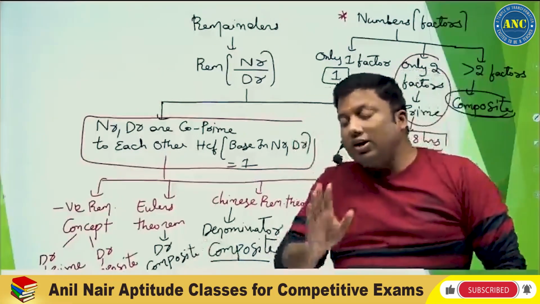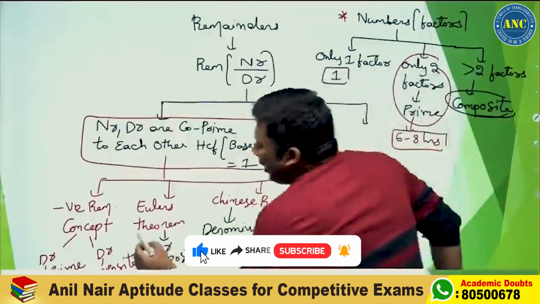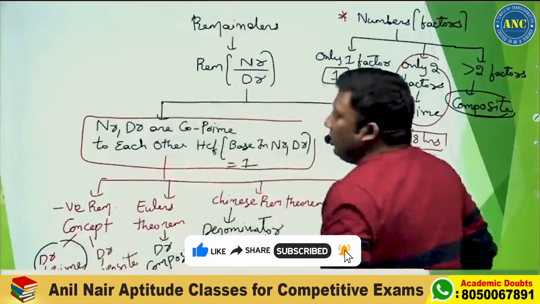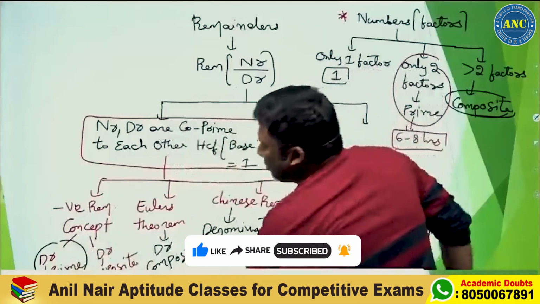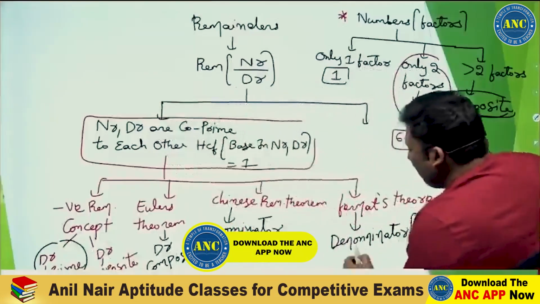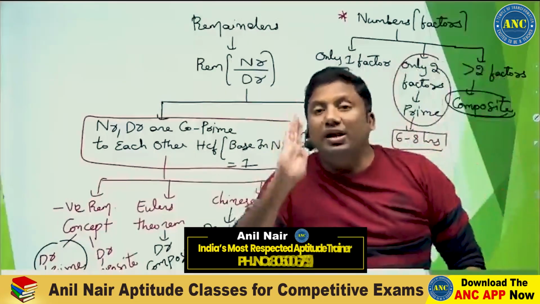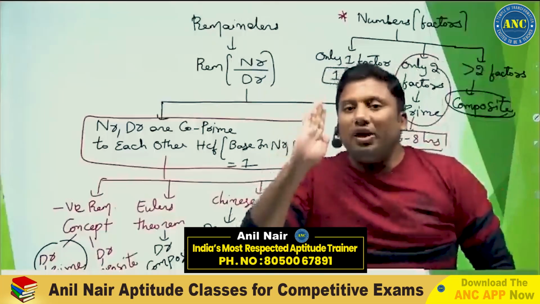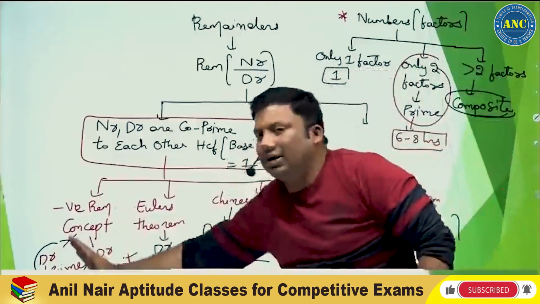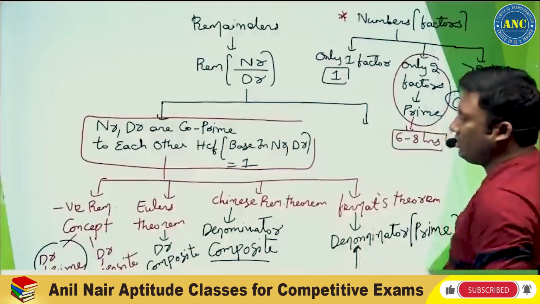Listen carefully to the next few lines. If you are unable to solve the problems in less time by using the negative remainder concept, and the denominator is a prime number, then make use of Fermat's theorem.